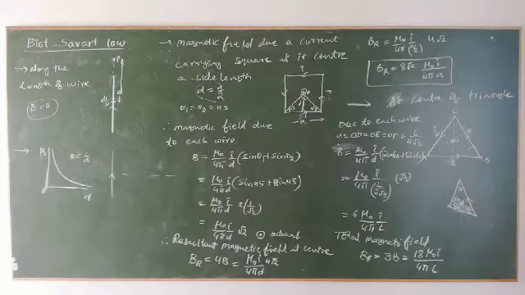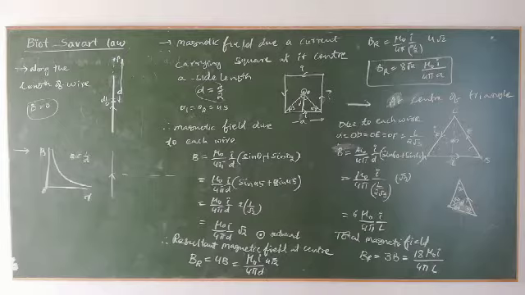Now what is the magnitude of B due to one side? B is equal to mu naught by 4 pi into I by D into sin theta 1 plus sin theta 2, which is sin 60 plus sin 60. That is equal to mu naught by 4 pi into I by D, with D being L by 2 root 3, into sin 60 root 3 by 2 plus root 3 by 2, which is root 3.